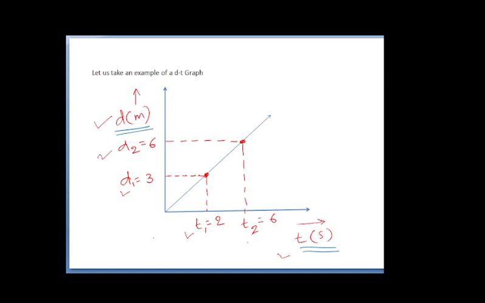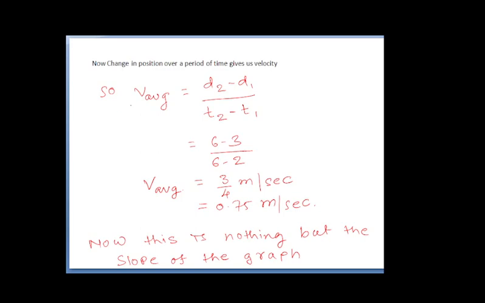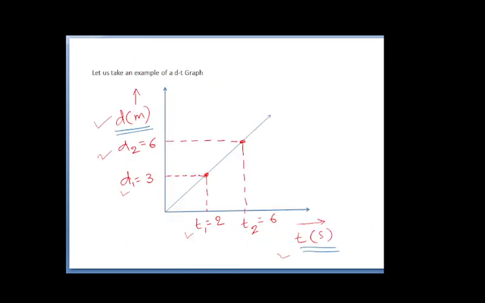This is 6 meters, right? So if we say average velocity, then we say d2 minus d1 over t2 minus t1. That is the difference in the y-axis divided by the difference in the x-axis.